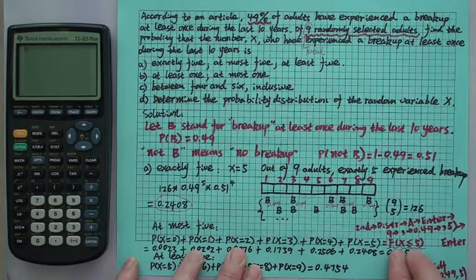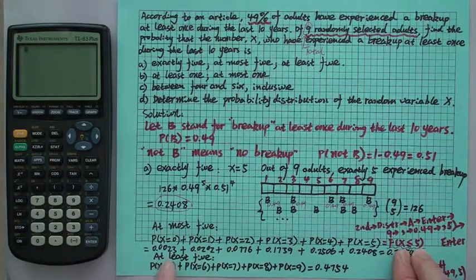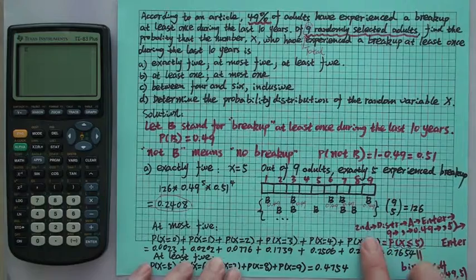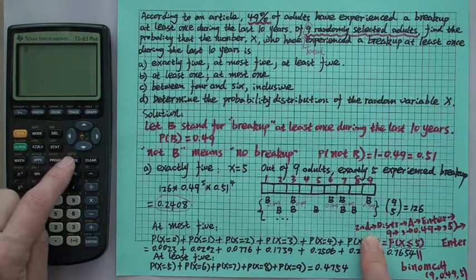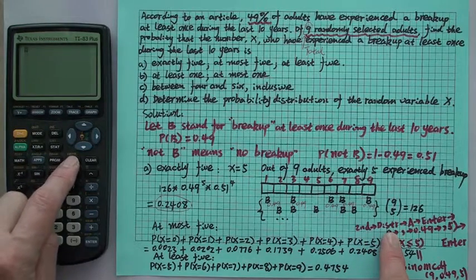So how to do that? For x less than or equal to 5, 0 is included, okay? 0 to 5. So the step right here is second, distribution, okay?